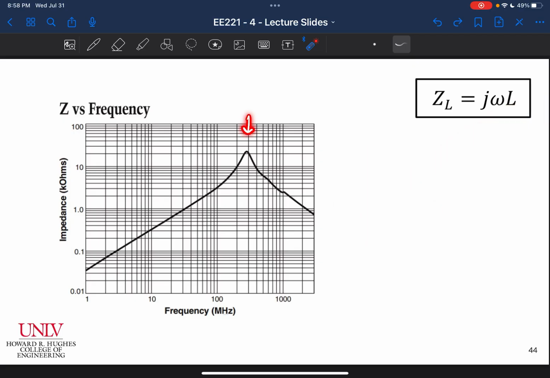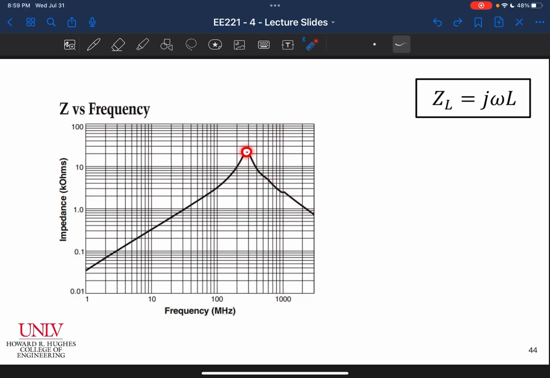The reason it goes down here is, like I said, there's a capacitance in parallel with it that's up here at low frequencies, and then at some point the two meet and the capacitor basically starts dominating the impedance. This inductor is getting larger and larger in impedance, and that capacitance is getting smaller and smaller as we go to higher and higher frequencies.